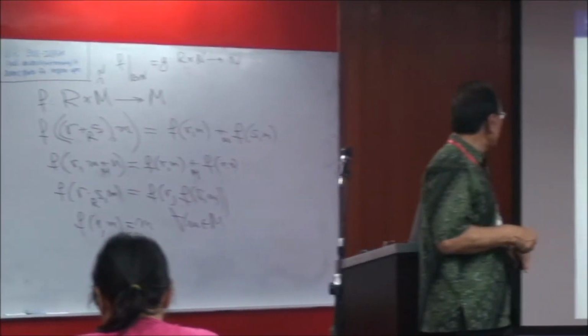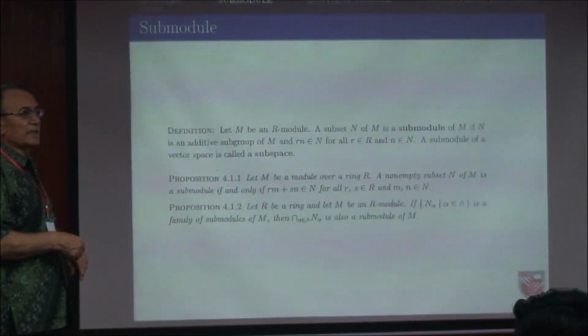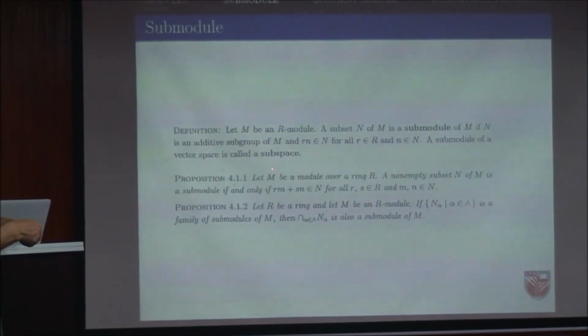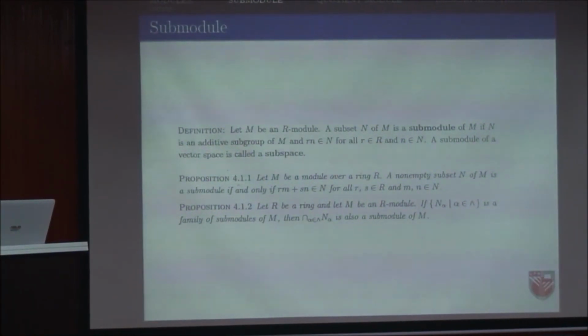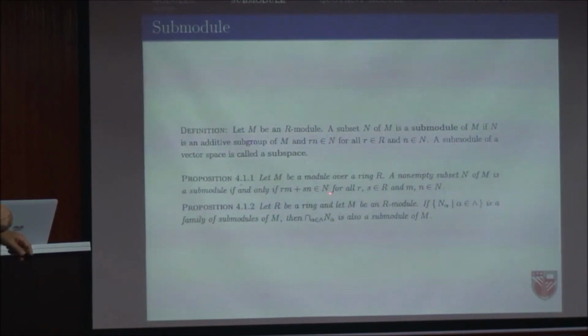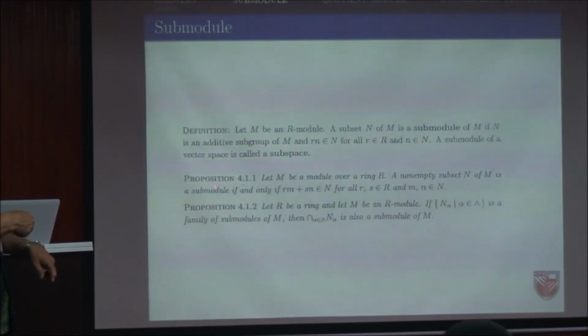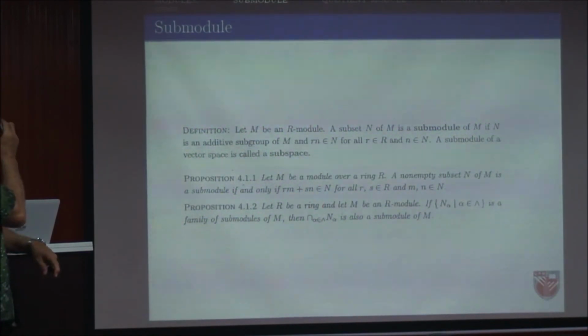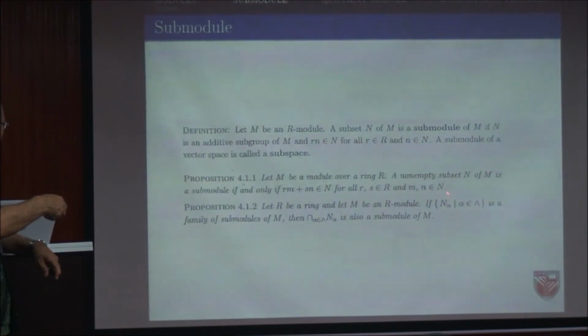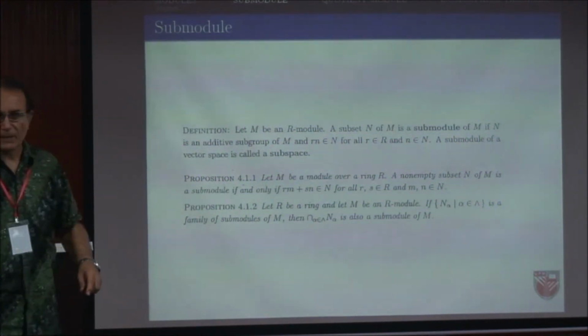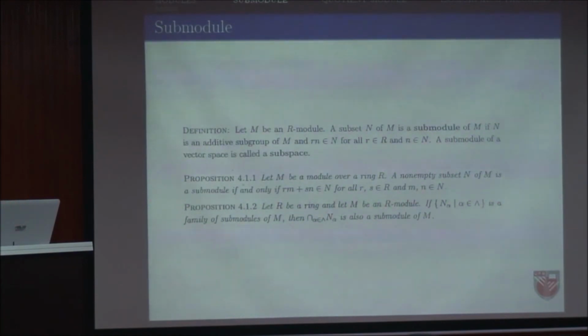Here is a criterion for a subset to be a submodule. Let M be an R module. A non-empty subset N of M is a submodule if and only if rm plus sm' is an element of N for any r, s from R and m, m' from N. That is like the subgroup and subring cases.